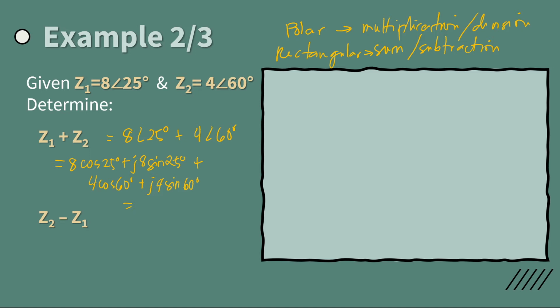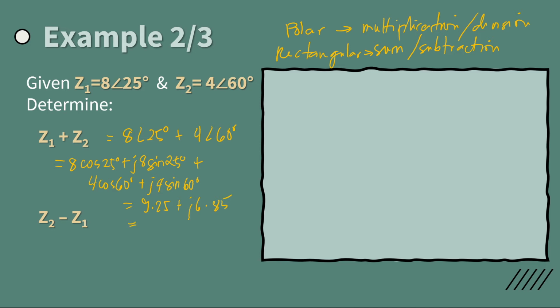While solving, you will first have the rectangular form, which is 9.25 plus j 6.85, and then you convert that to polar, and you know how to do it.